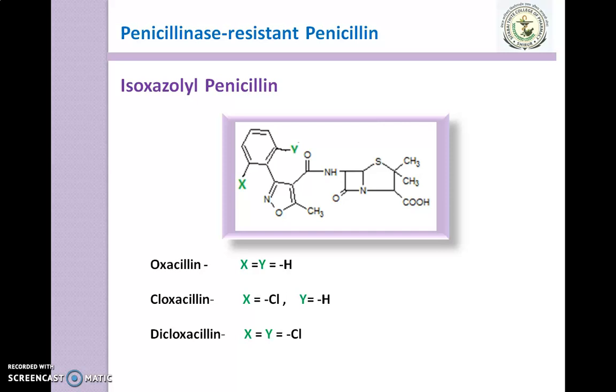The name itself reflects why it is given. Here, in oxacillin, X and Y, the ortho substitutions, are simply hydrogen. If only one chloride group is at the ortho position, the name is cloxacillin, and if both ortho positions have a chloride group, then it is dicloxacillin. So we go one by one.